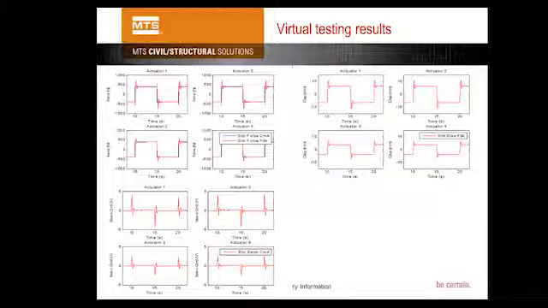Then what I'm showing you here are the virtual testing results. For example, these are 4 different actuators, and we have a step function. If you deal with actuator tuning, a lot of the time we use a step function to tune your system. So we give a step function input. By the way, those are all in force control. The command force is the blue one, the perfect step function.